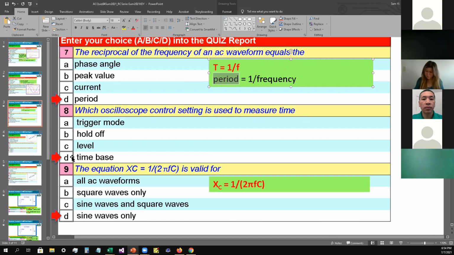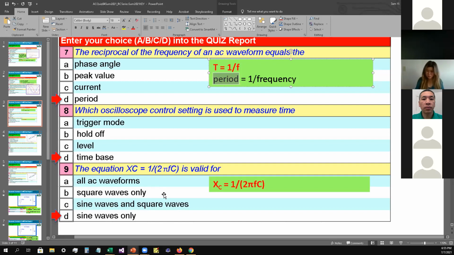So that's D as in delta for number 8. The equation XC equals 1 divided by the quantity 2 pi FC is valid for AC sine waveforms only. So D as in delta for number 9. Okay, any question?